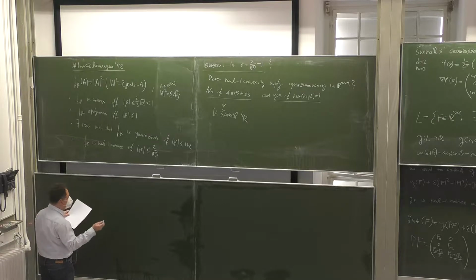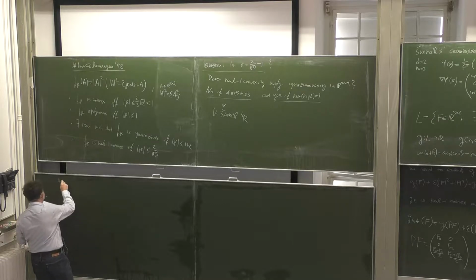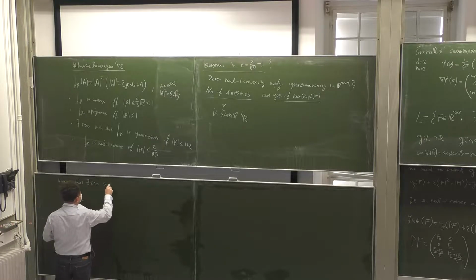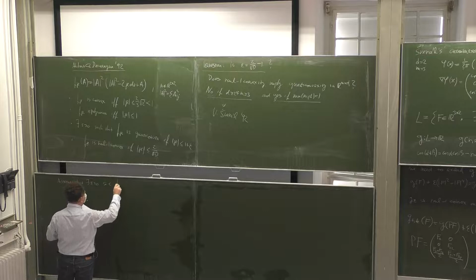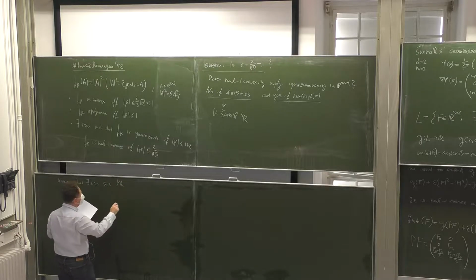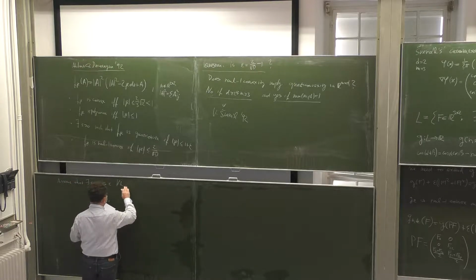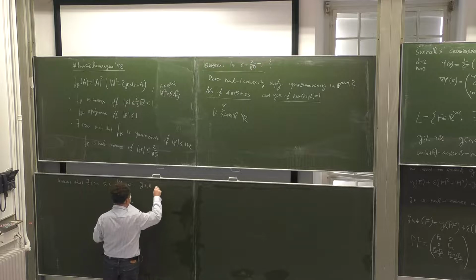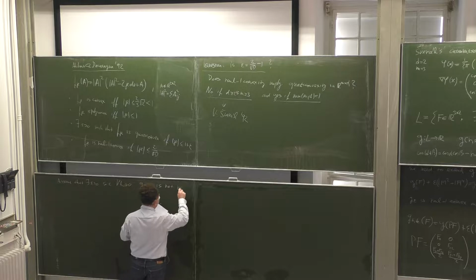So we do a contradiction. Assume that there exists epsilon positive such that for every k positive, G epsilon and k is not rank 1 convex.